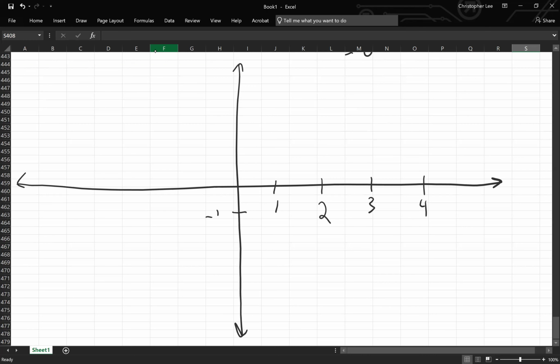And then -1, -2, -3, and -4. Wait, hold on. See, I always make that mistake. 1, and then 2, and then 3, and then 4, right?